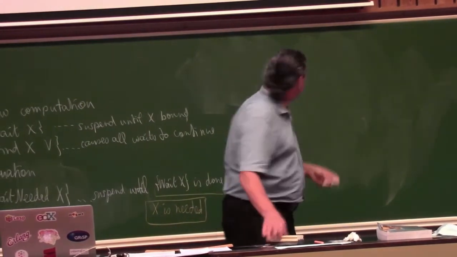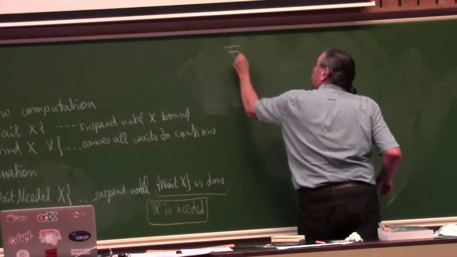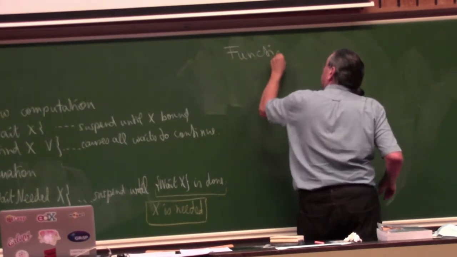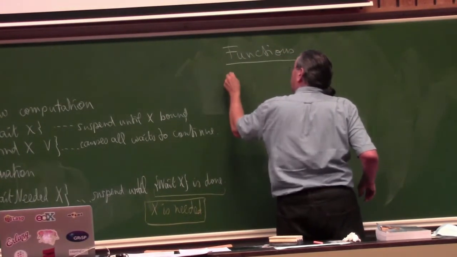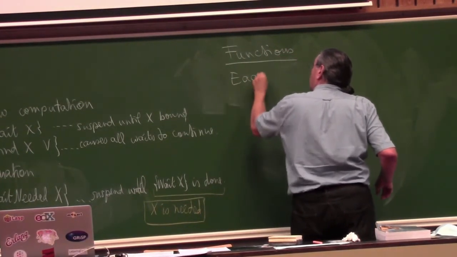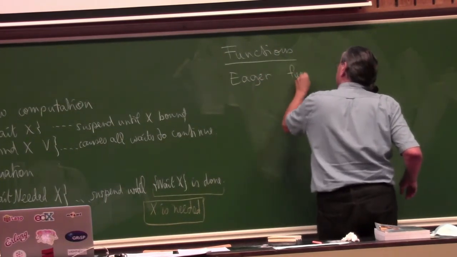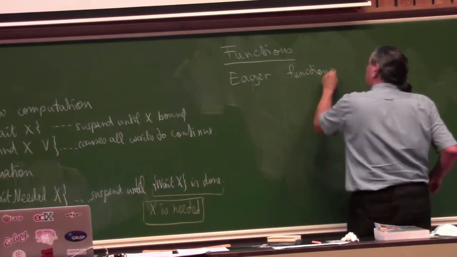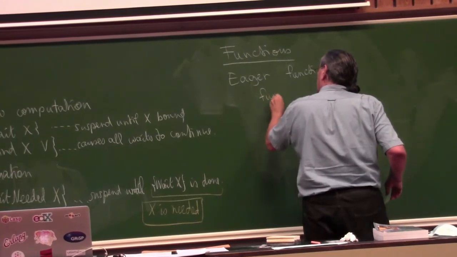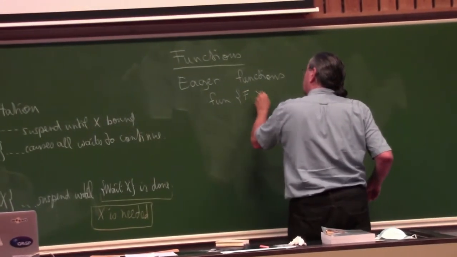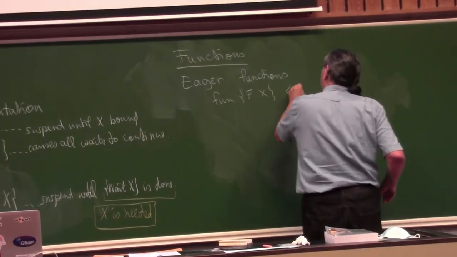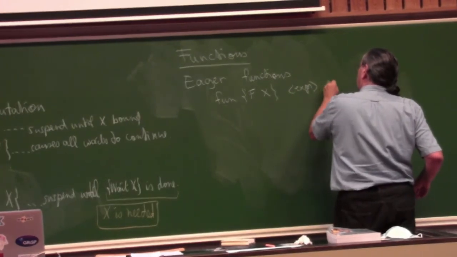Now, the language has some syntactic support for this. Let's look at functions. The regular functions, the ones that we know, we call them eager functions because they compute immediately. Fun f of x with some expression end.